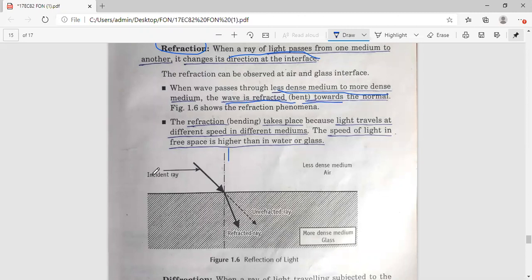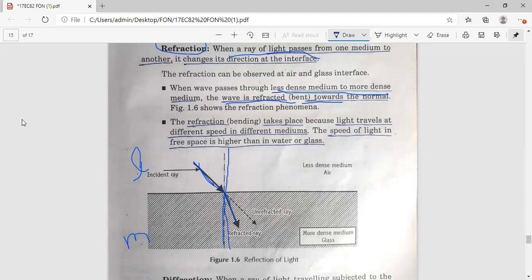If this is your normal, this is the less dense medium and this is the more dense one, then this light will be bent nearer to the normal.